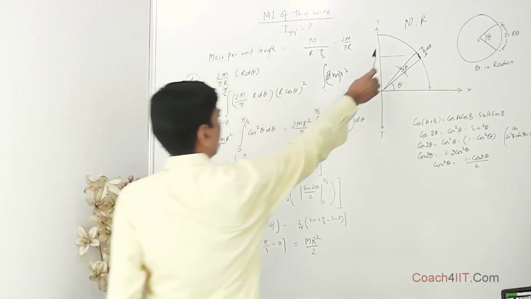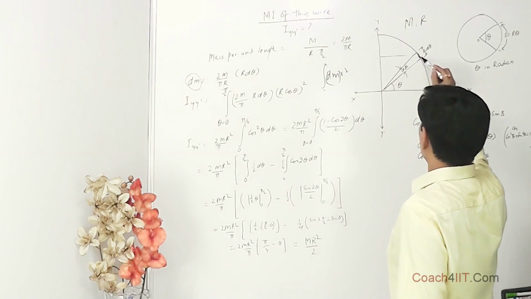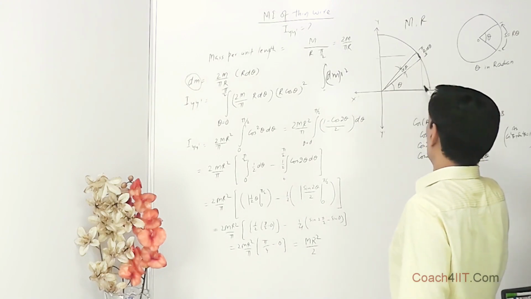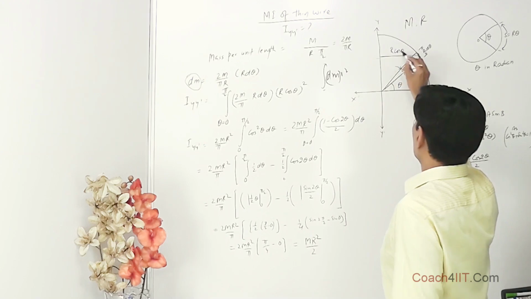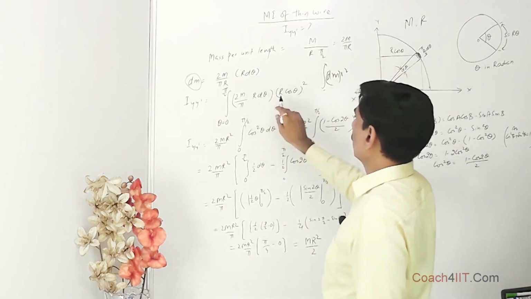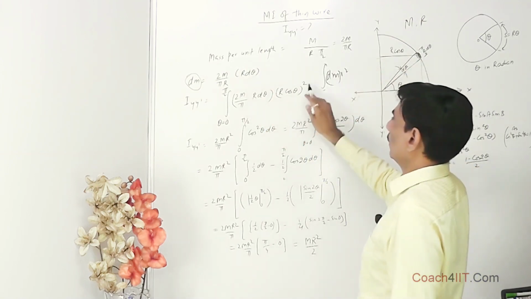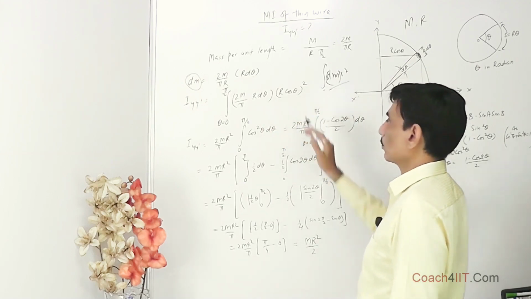The moment of inertia about this axis is dm into distance square. If the radius is r, the distance from the axis is r cos theta, so the moment of inertia of this section is dm into r cos theta square.